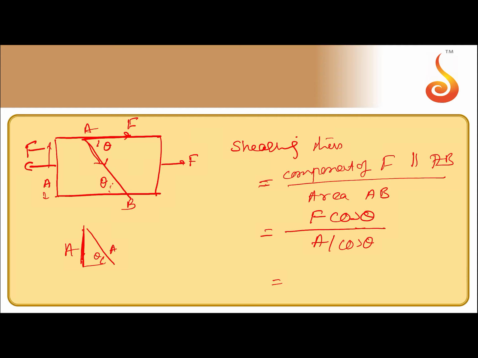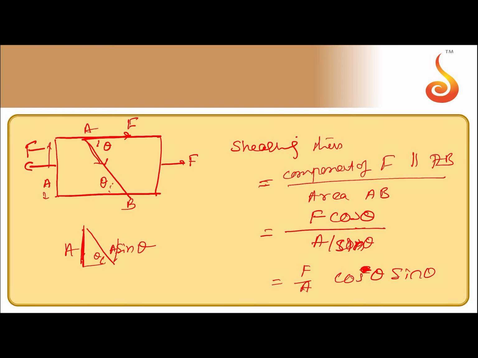So this is going to be F divided by A into cos square theta. Sorry, this is nothing but sin theta, A by sin theta, my fault. This is nothing but A by sin theta. That is, we have cos theta into sin theta.